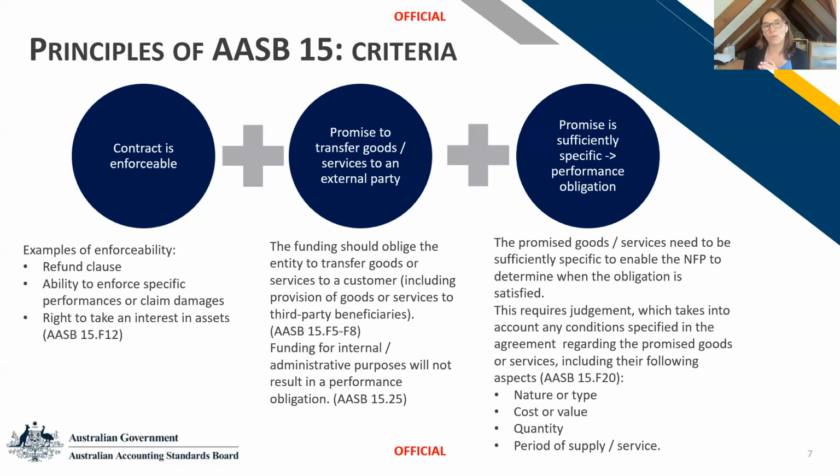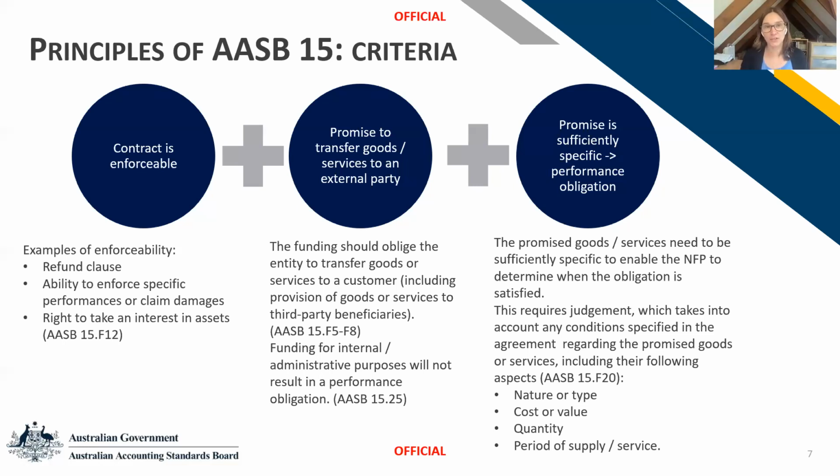One of the things, if I was in a for-profit situation, is if someone gives me money, I'm generally transferring something back to them. So in order to be within AASB 15, there has to be that transfer external to the entity. So if I'm giving you money as a not-for-profit, and that's really for you to run your operational day-to-day things, you're not transferring that directly back to me, you would fail this criteria.